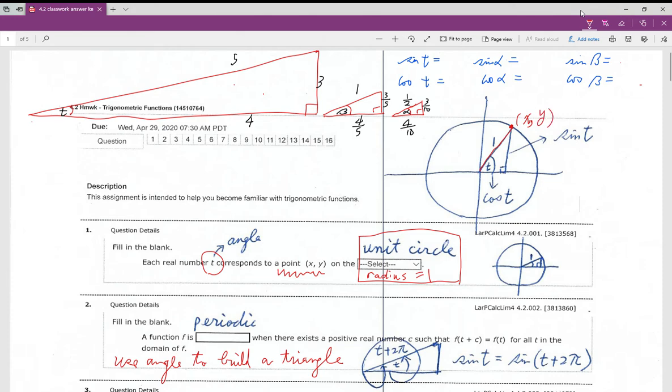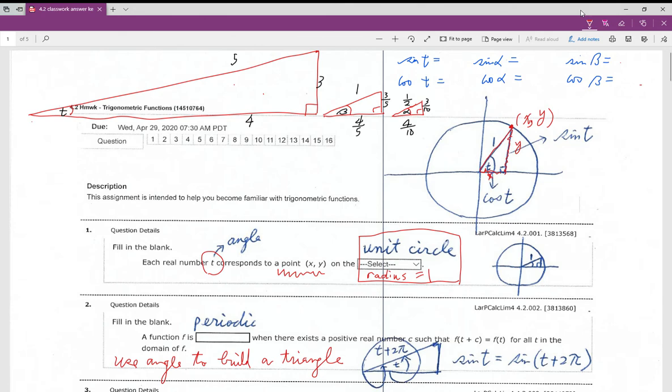Because the radius is 1, this length here means x, and from here to here means y, right? This is y, this is x.